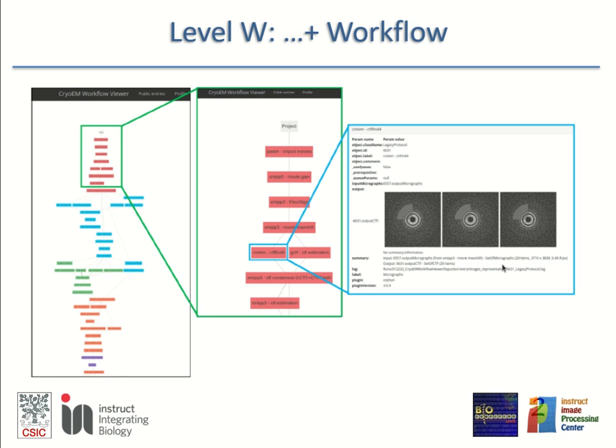We show a few images of the output so that you can figure out more or less the kind of data that you had there. We are showing just 3 images out of, let's say, 5,000 micrographs that you have, so we cannot show everything, but at least you get an idea of what was going on.